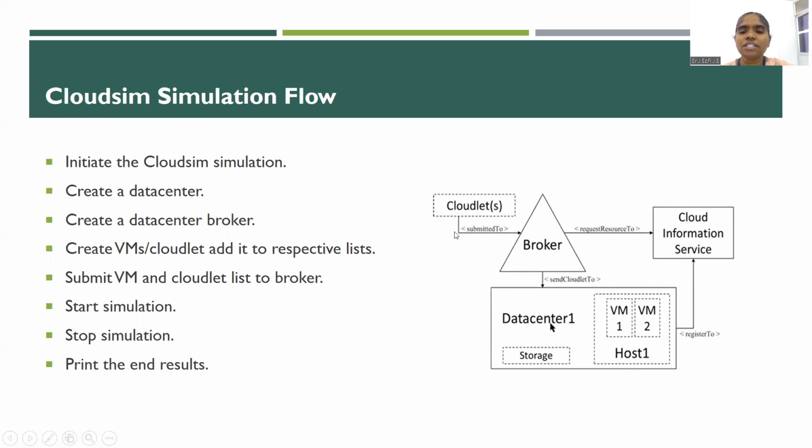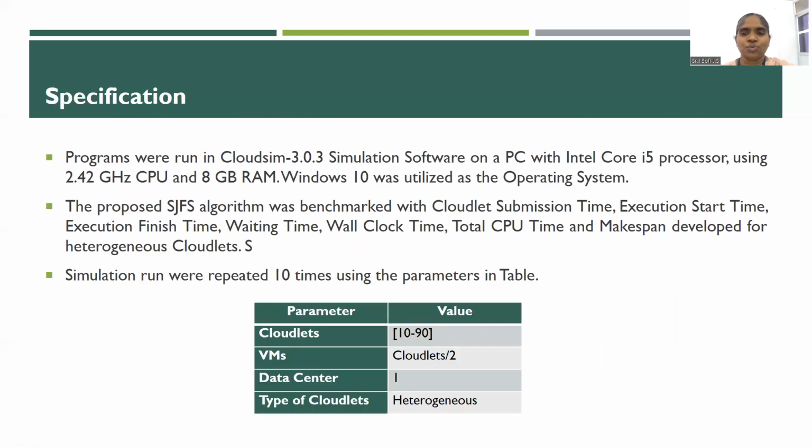So the cloudlet means the task, our workload, that will be submitted to the broker. So the broker will get the information from the cloud information service. After that, they will be forwarding their cloudlet to the data center where the resources are available. And the request will be processed and it will give the result to the broker, and that will be passed to the customers. So this is the flow in CloudSim.